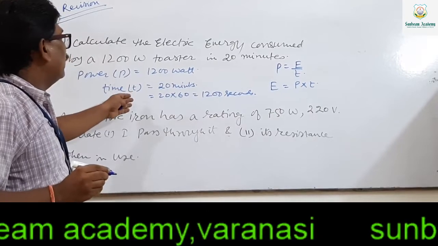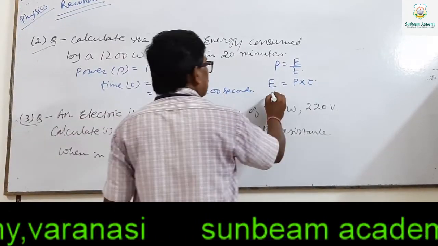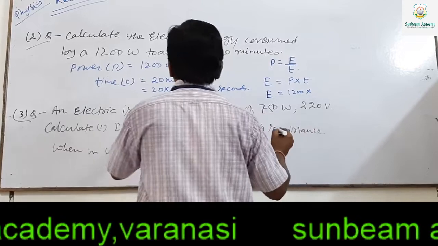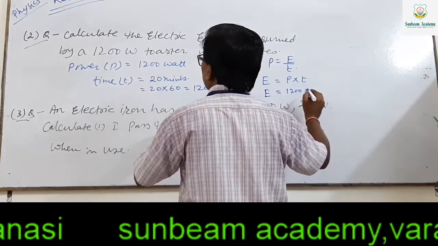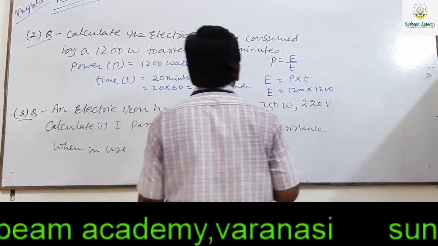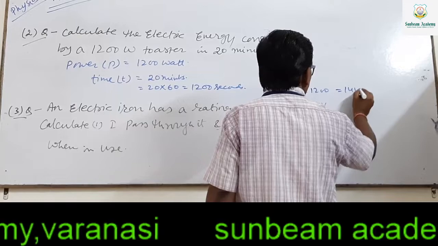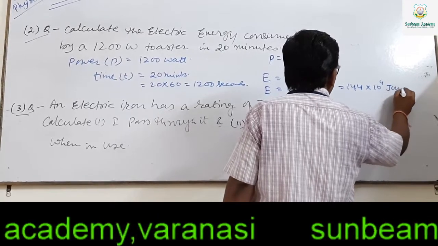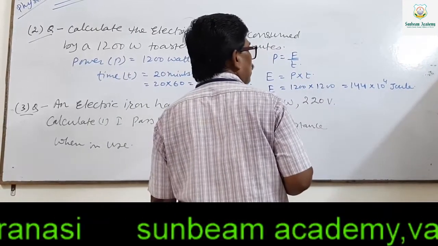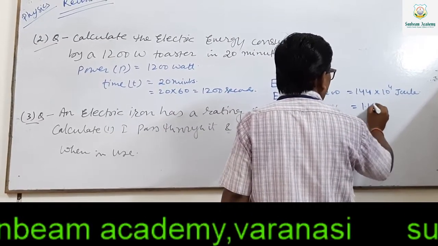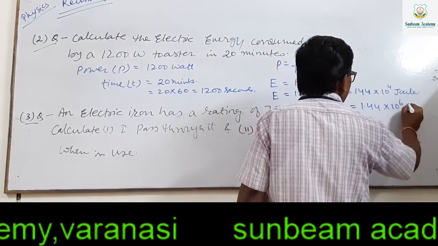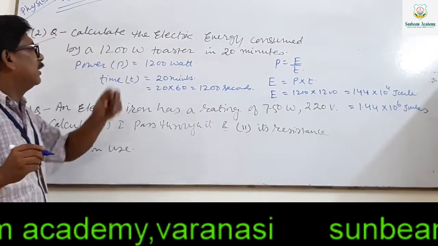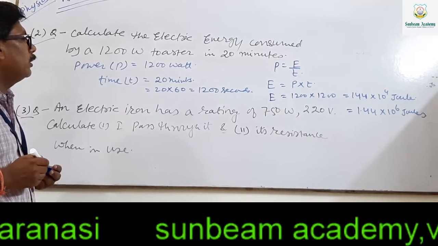So here power is given, time is given, and we have converted time into seconds. So energy consumed is equal to how much? Power is 1200 watt into time, this is also 1200 seconds. That will be equal to 144 into 10 to the power 4 joule, or you can write 1.44 into 10 to the power 6 joules. This much energy is consumed by the electric toaster in 20 minutes.